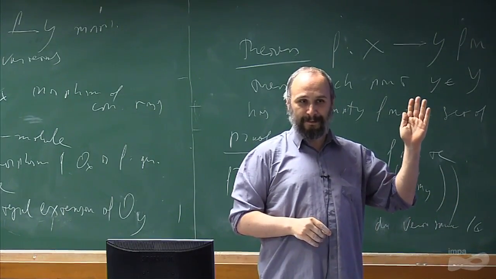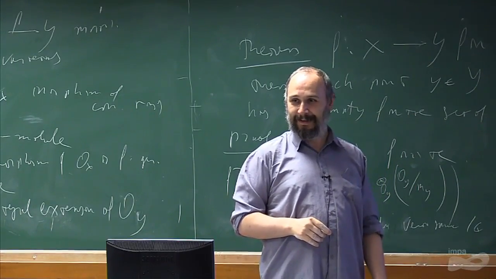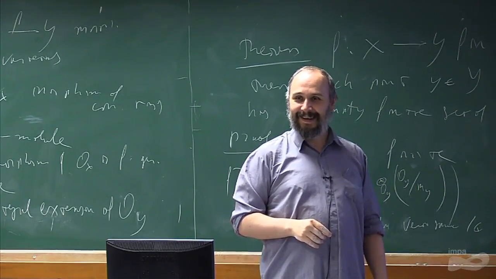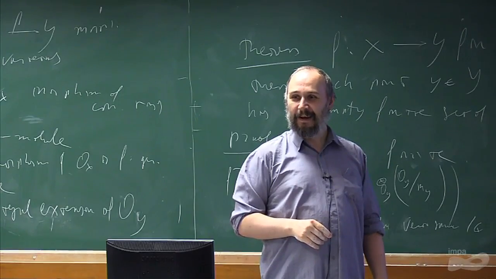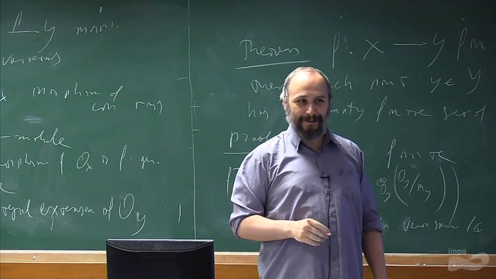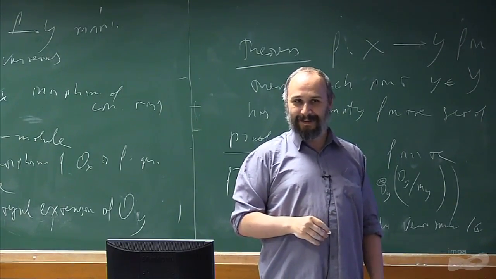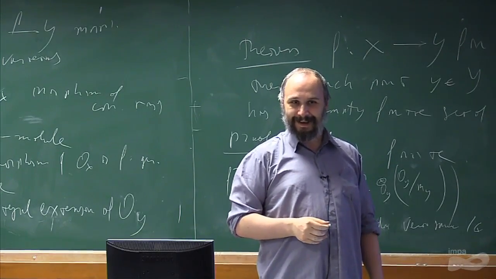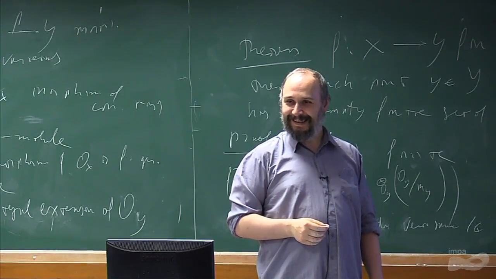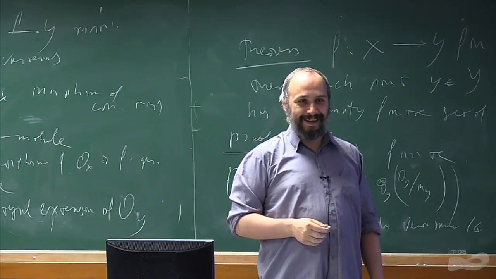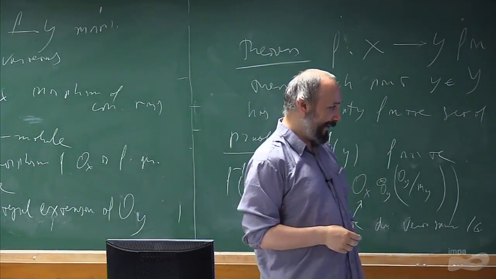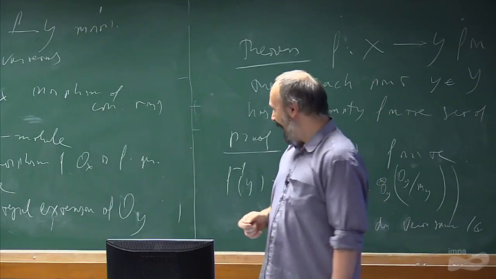Who wants me to give you Galois theory? Please raise a hand. Who wants me not to give you Galois theory and go to algebraic geometry, avoiding Galois? Okay, you want me to avoid Galois.